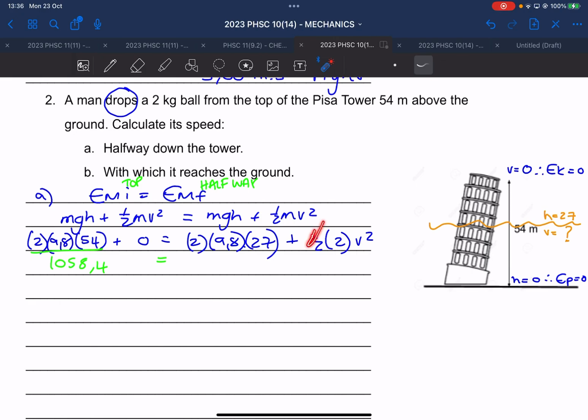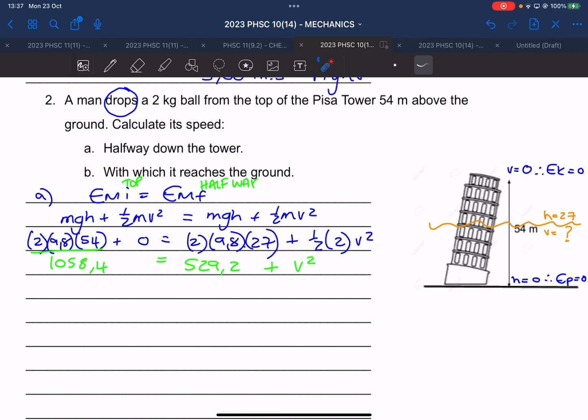I hope you're not filling this in. Why should you not fill that in? Because there's a plus in between, meaning it's two different terms. Can't add them together just yet. 529.2 plus, now in your head, what's a half times 2? Plus v squared. So you can't add this. You're not done.